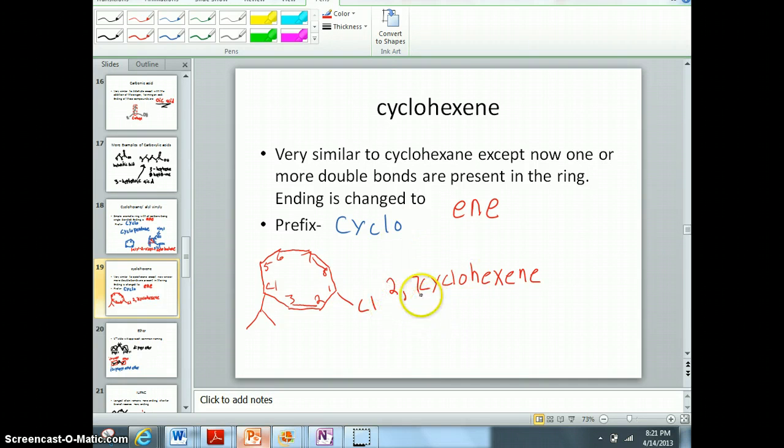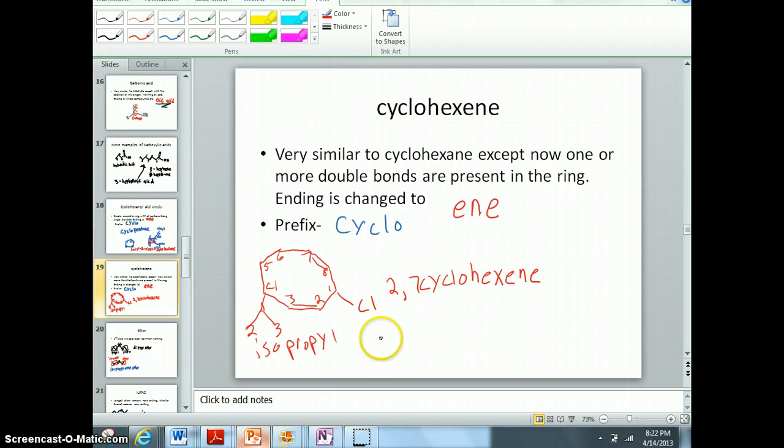And now we also have to worry about our chlorine, which is at our 1. And we have this right here. I can't remember if we talked about this or not, but we actually have 1, 2, 3 carbons here, but it forms a Y shape. So this is what we call an iso, and so this is going to be isopropyl. So our chloro is going to come first since C comes before I. So when we write all this out, I'm running out of room, so I'll just write this down here.